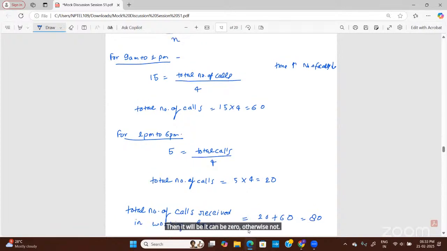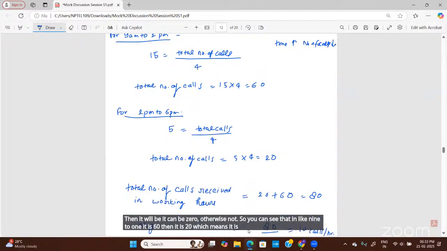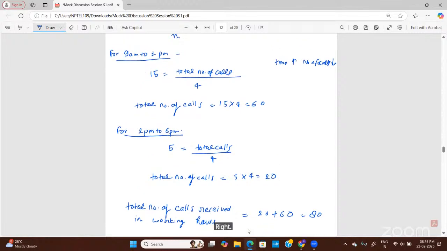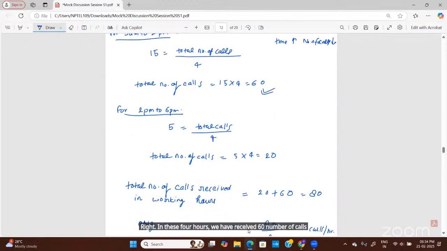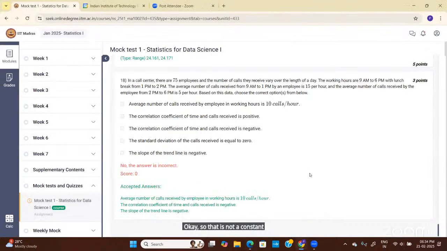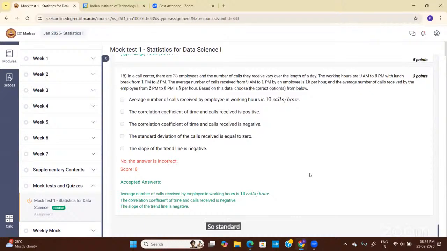You can see that in 9 to 1 it is 60, then it is 20, which means it is taking different values, not the same value. In these 4 hours, we have received 60 calls, but in the next 4 hours, we have got only 20 calls. So that is not a constant value. So standard deviation will not be 0 in that case. Is this clear? Yes, ma'am.